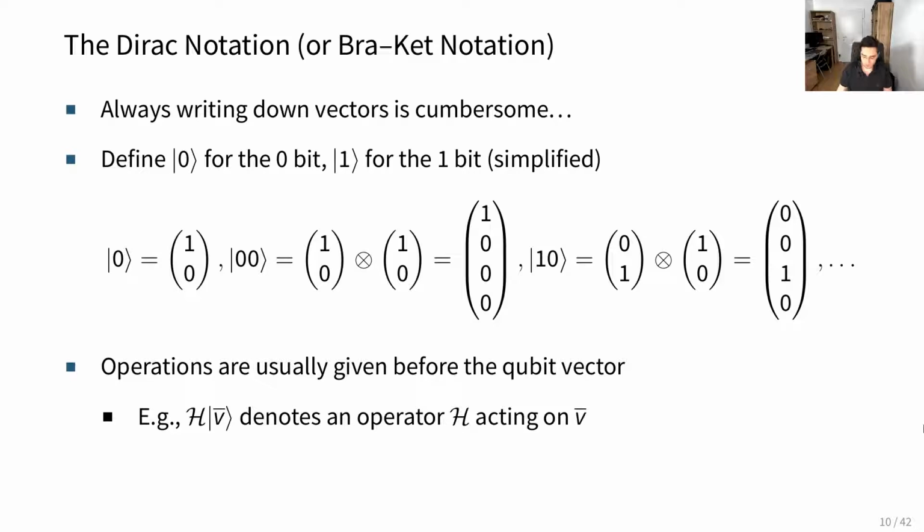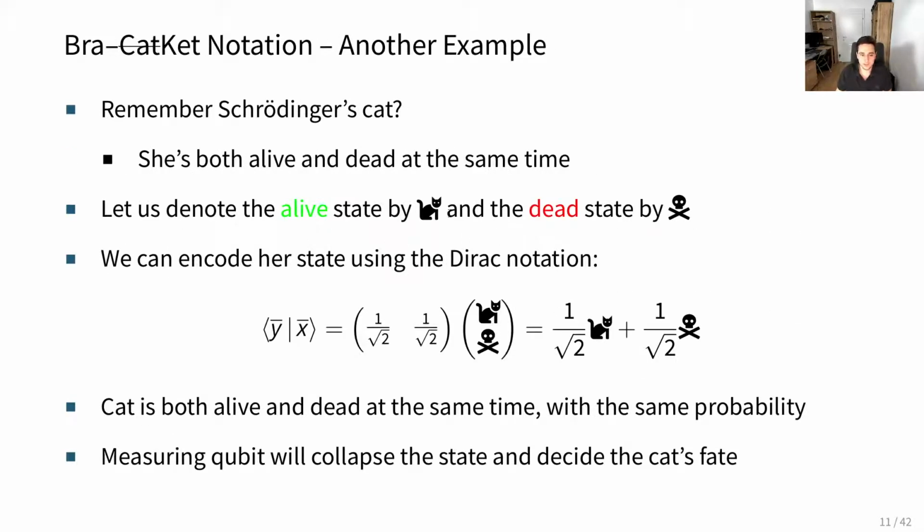And yeah, as promised, now comes the Schrödinger's cat. And this is actually not related to this cat notation here, at least I think it's not. Probably you remember Schrödinger's cat, right? And she's both alive and dead at the same time. So let us denote the alive state by this cat symbol here, and let us denote the dead state by this death symbol here.